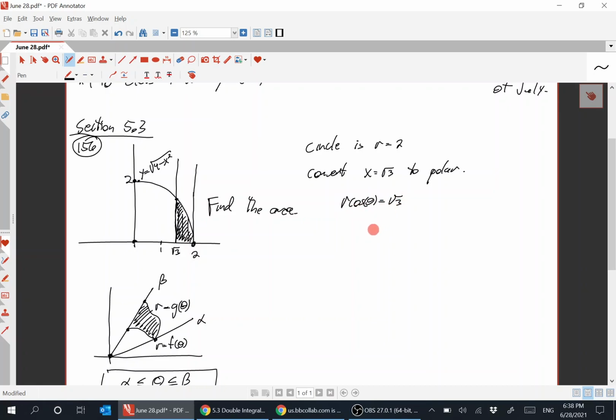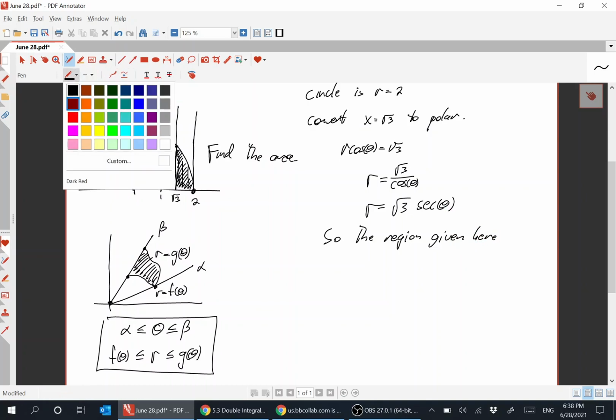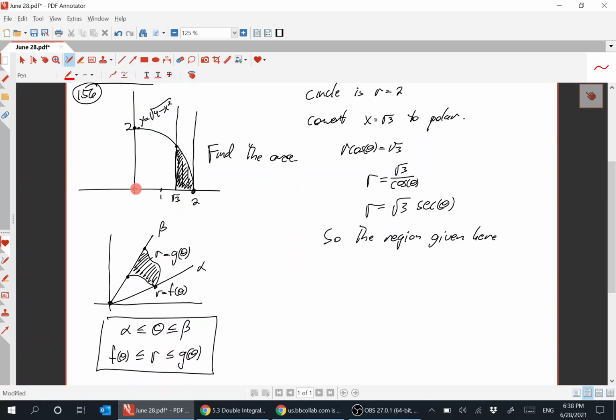Now I can divide by cosine theta, which of course is secant theta, like that. Right? So the region given here, oh, and then of course we need the range for the theta.